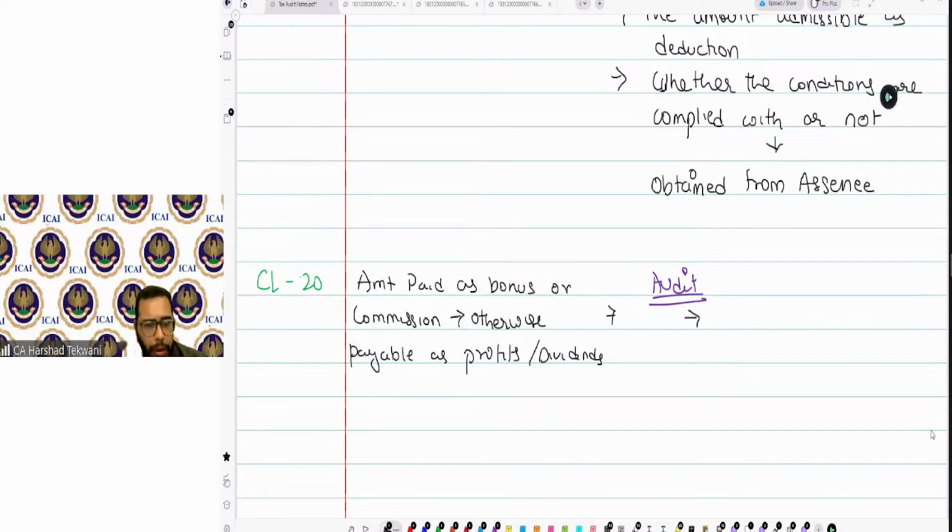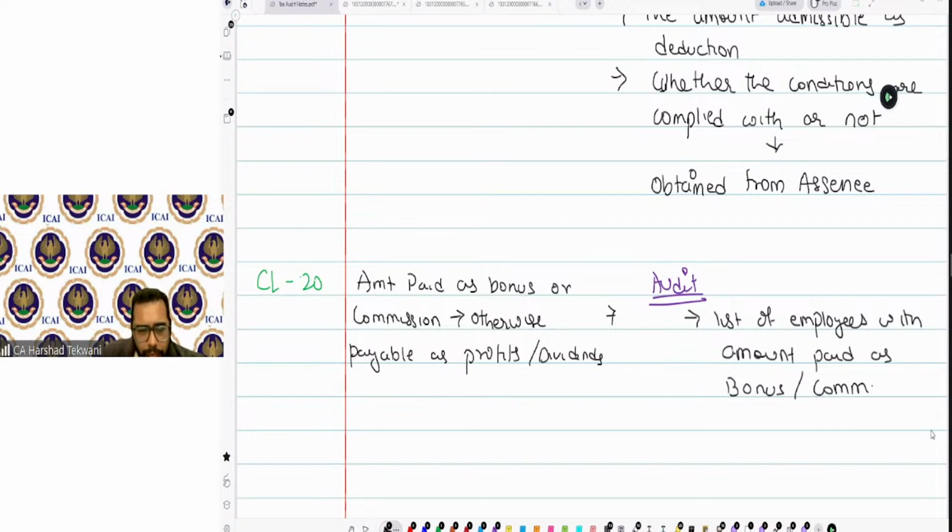Based on the basis of calculation, I can define whether it was payable to him as bonus or commission, or otherwise payable to him as profits or dividend.